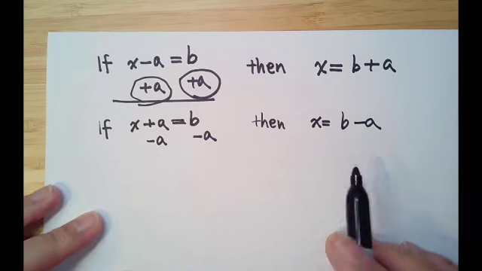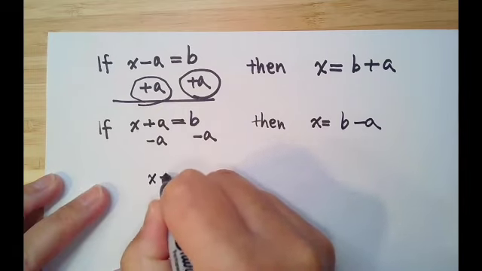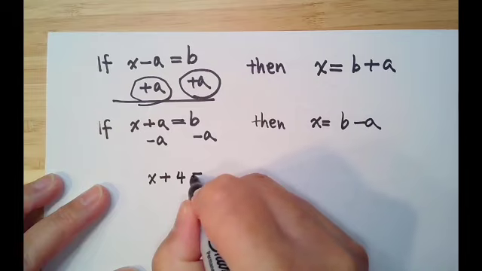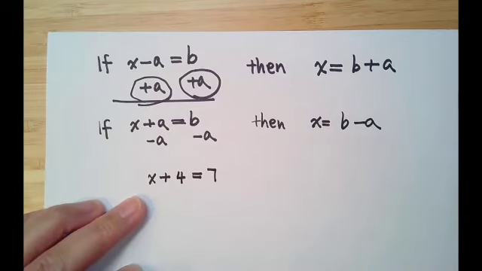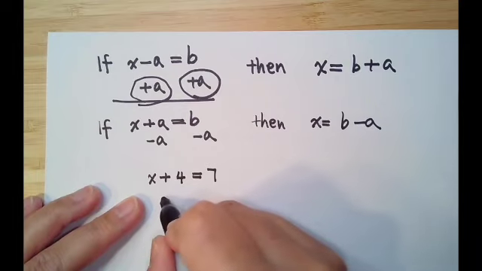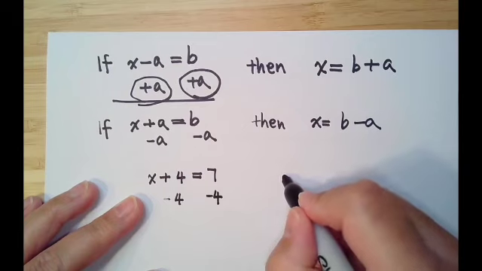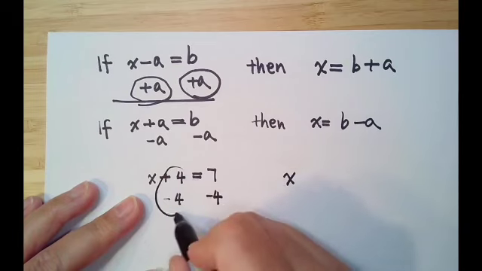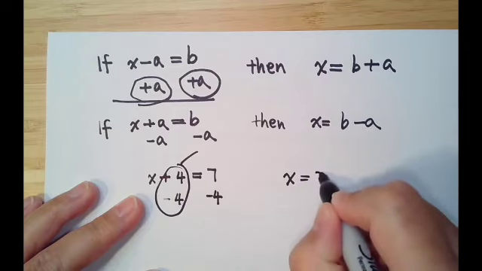All right, so what does that mean is, for example, if I give you x plus 4 equals 7, if I ask you to solve this equation, you can minus 4 on both sides, then you can have x, this gets cancelled, right? So you can have x equals 3.